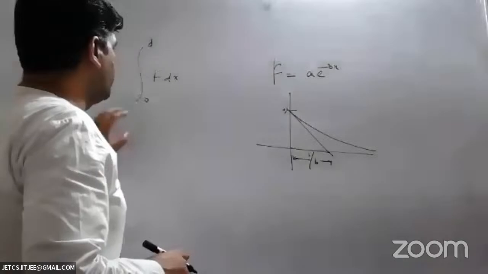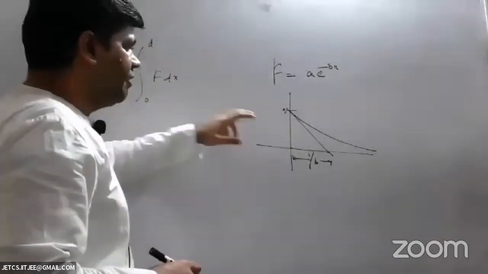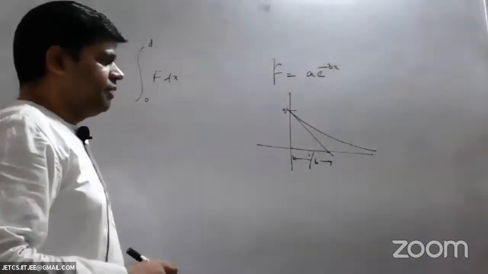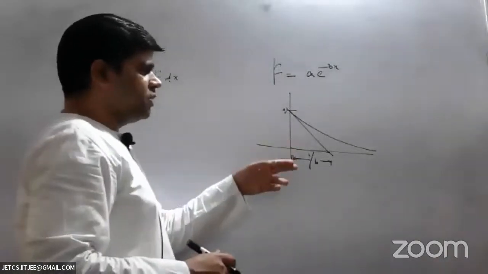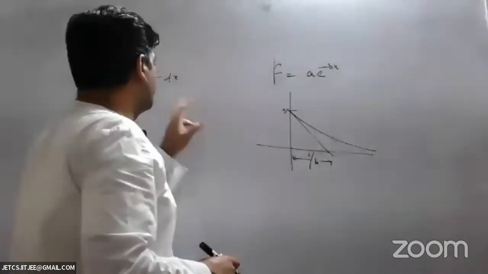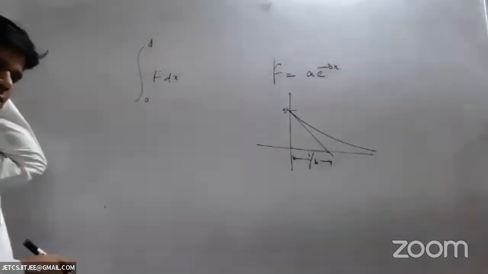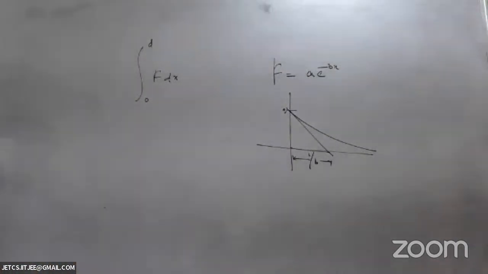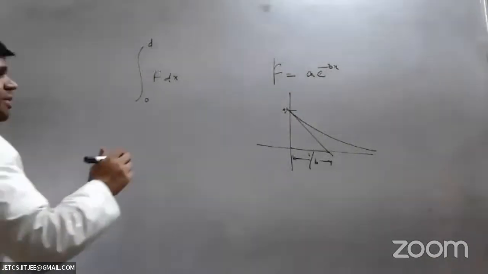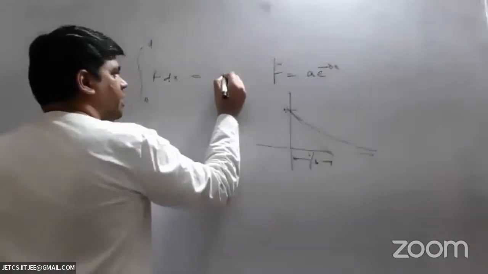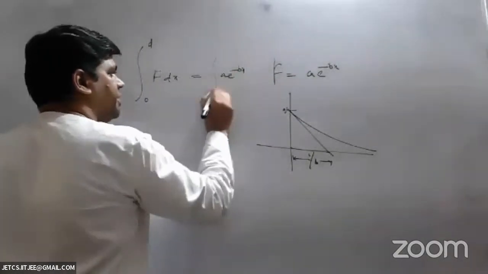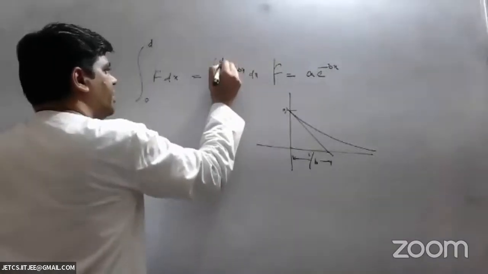Now look at this. My displacement is from 0 to d, and the force is positive in that time. When it goes from 0 to d, my force is positive, so the angle between them is 0. So f dx cos 0. Now I integrate this: a e power minus bx dx from 0 to d.